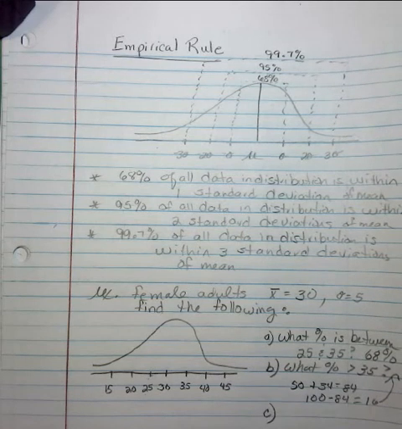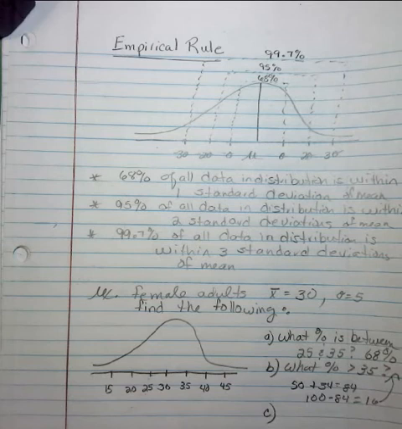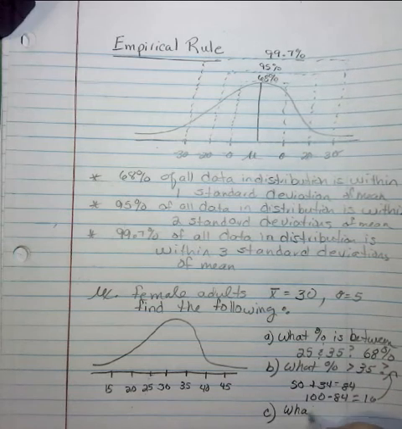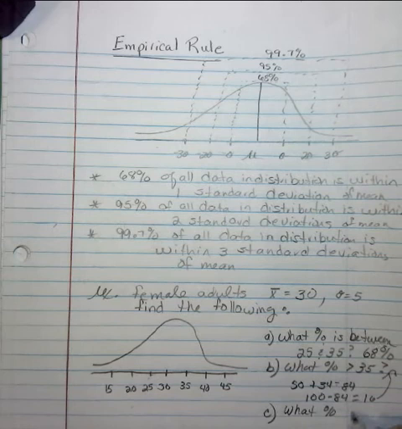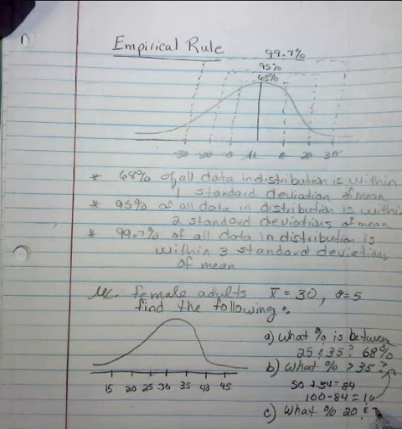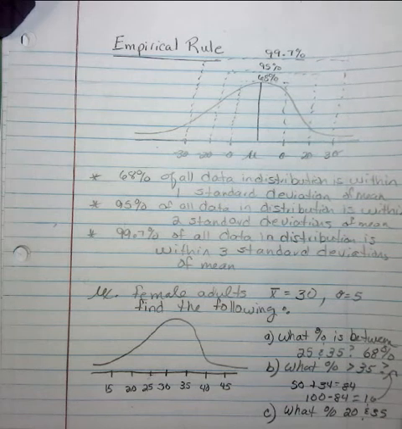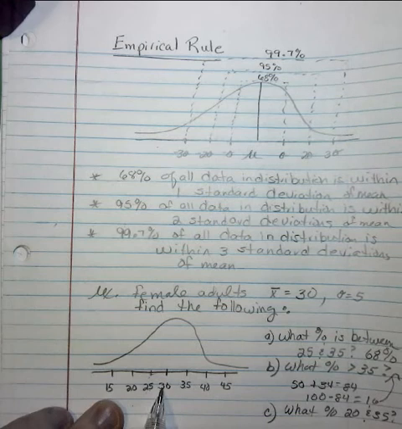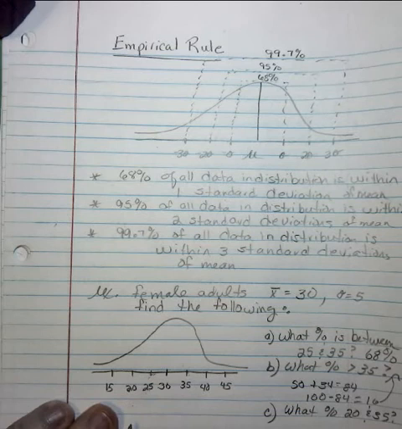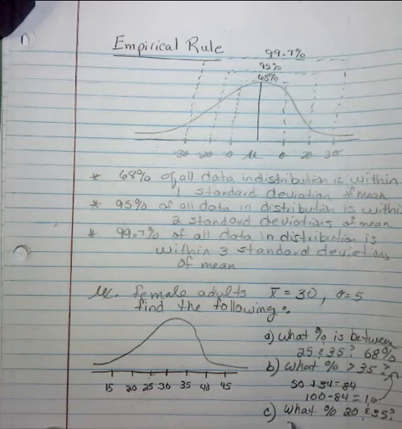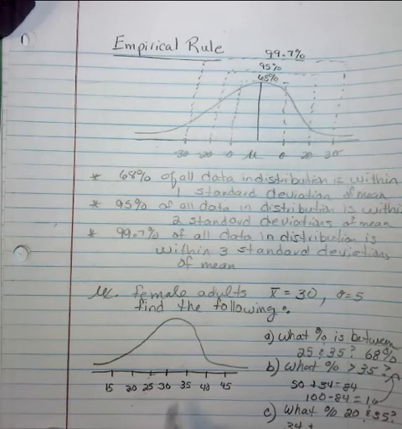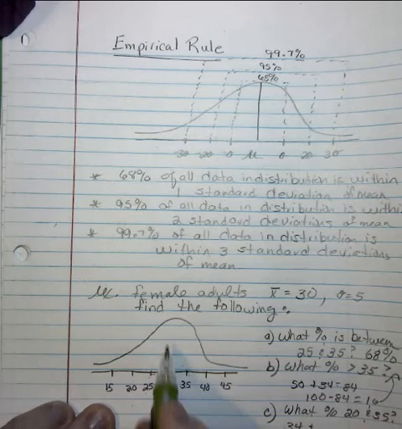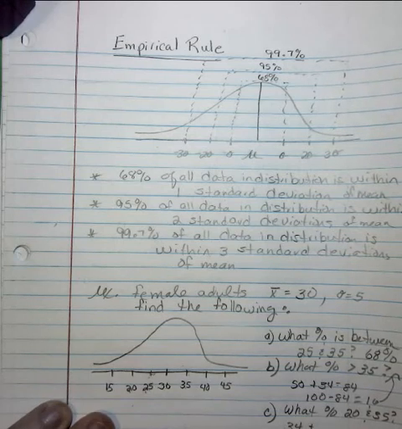A third question might be, what percent is between 20 and 35? All right, 20 is 2 deviations below, and 35 is only 1. So we know that from here to here is 34, and then from here to here is 34, and then from here to here is how much more?